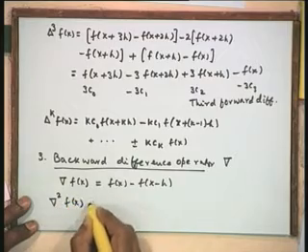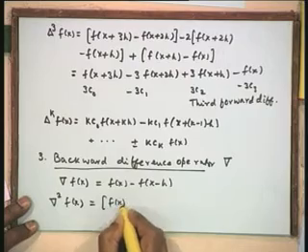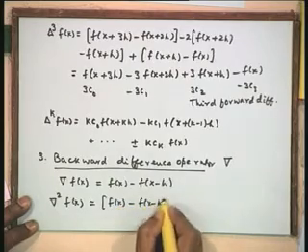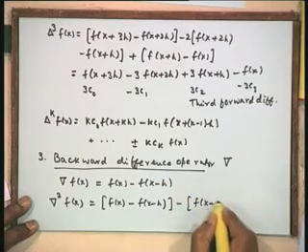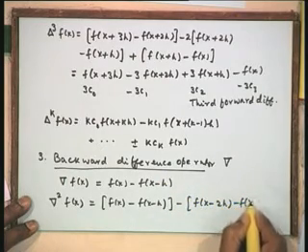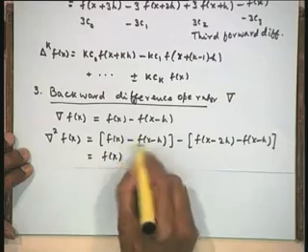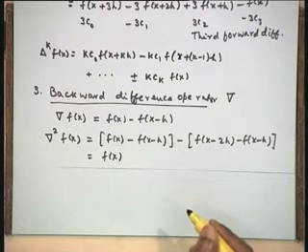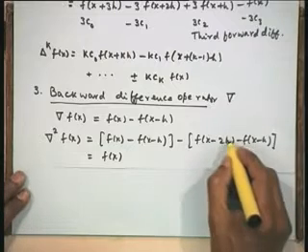Delta squared f x is equal to, if I operate on the first one, I would get f of x minus f of x minus h, minus, I operate now on this, f of x minus h minus f of x minus 2 h. I have made a mistake here.